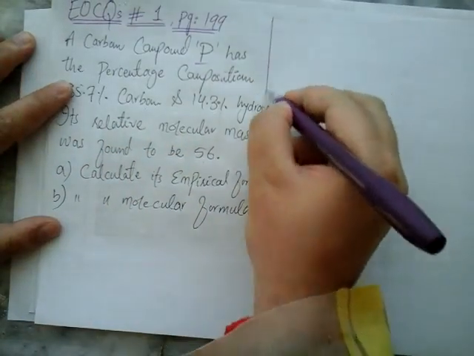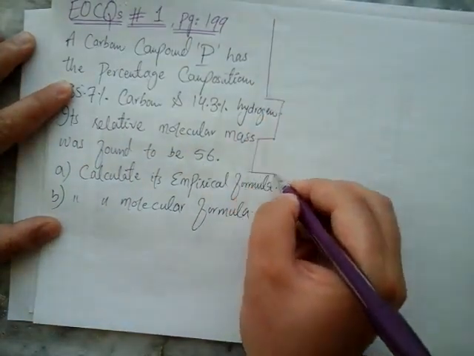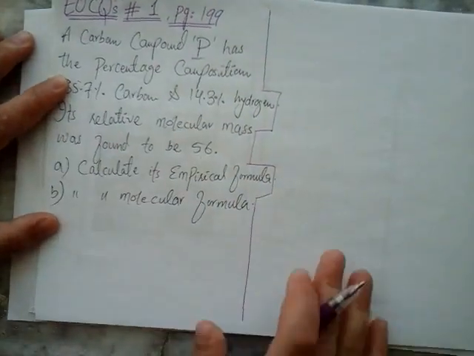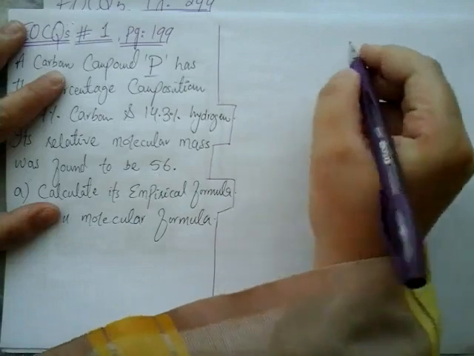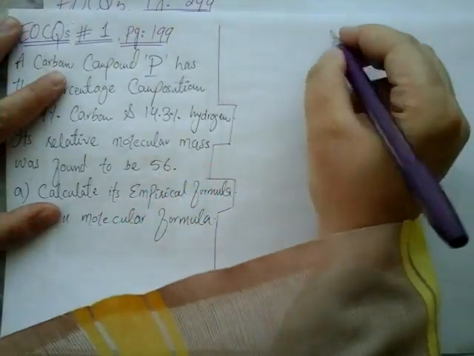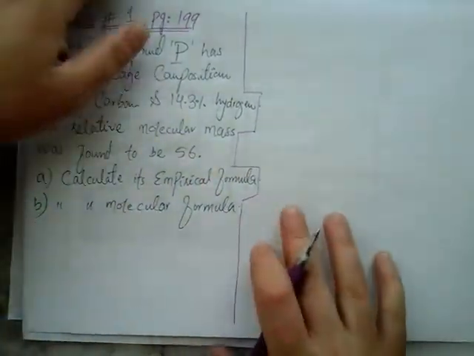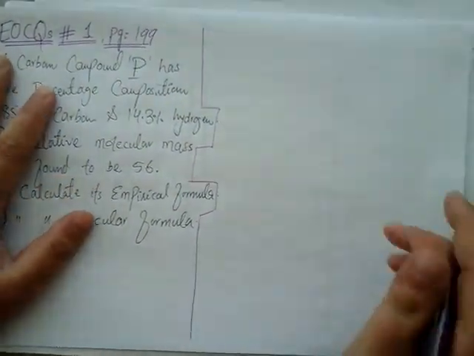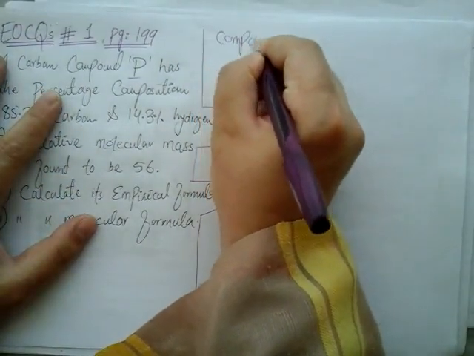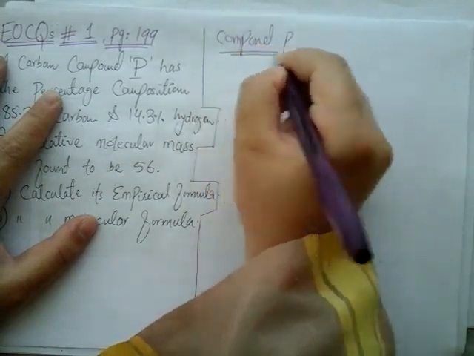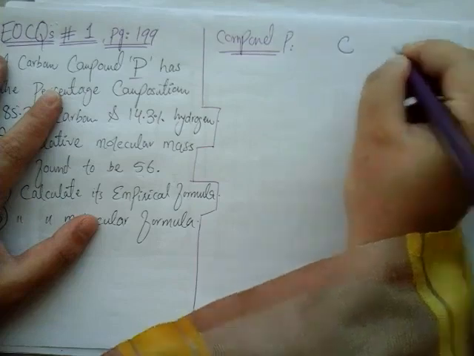Now first of all, we need to convert the percentage into gram weight. Here you can see we have carbon compound P, an unknown compound, and we have carbon and hydrogen.